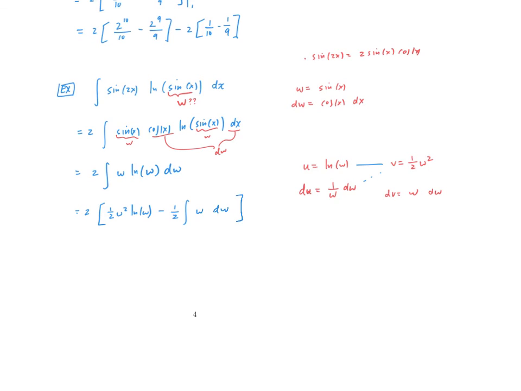And to make sure there's no confusion, this w comes from w squared times 1 over w. And then we evaluate this remaining antiderivative and probably simultaneously distributing that 2 through. So we have w squared ln of w hanging around out front, and an antiderivative of w is 1/2 w squared.